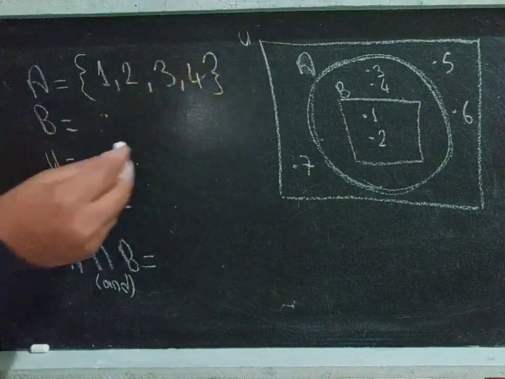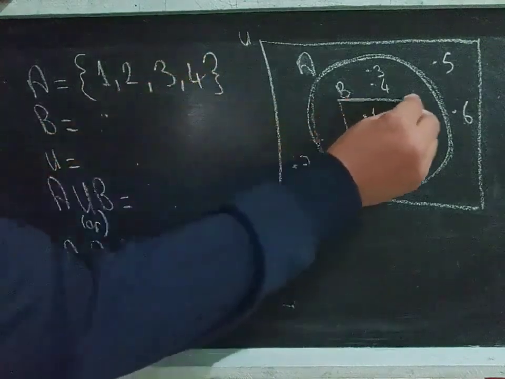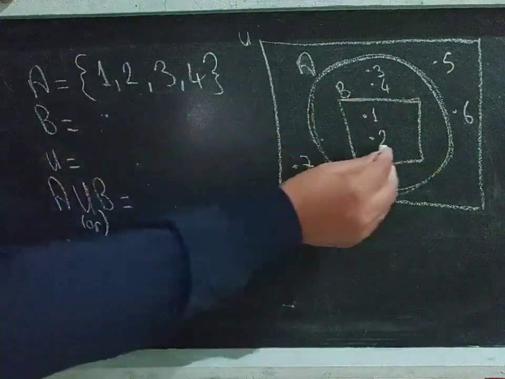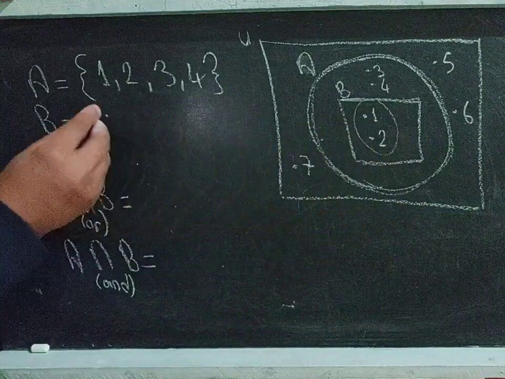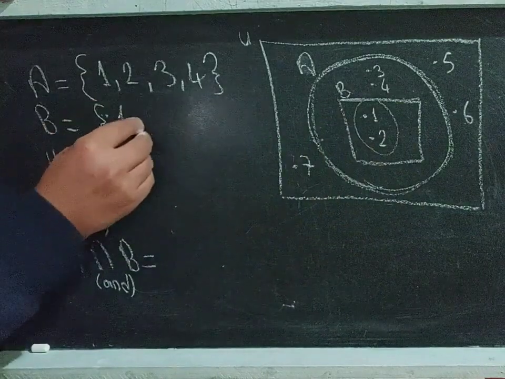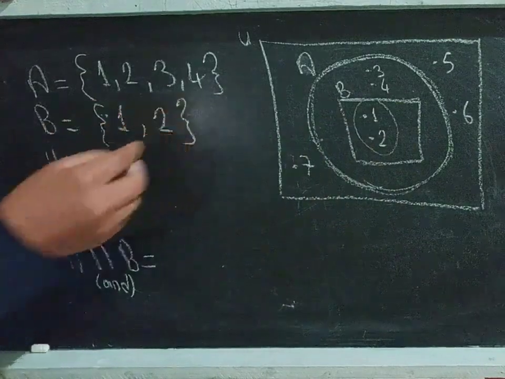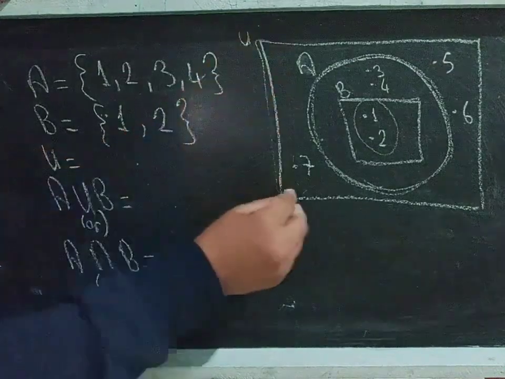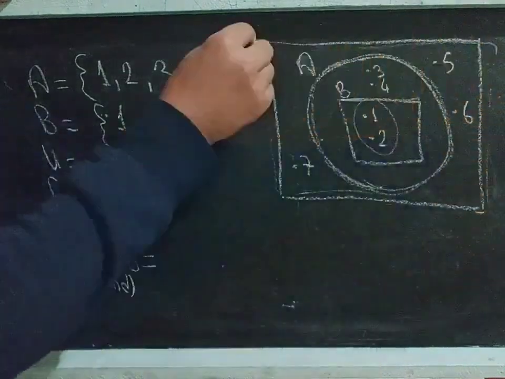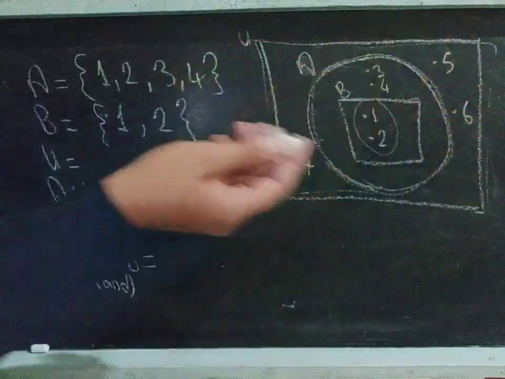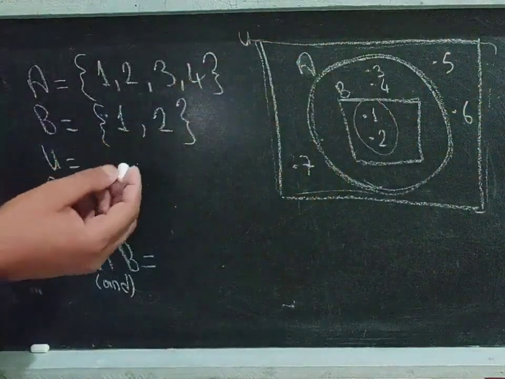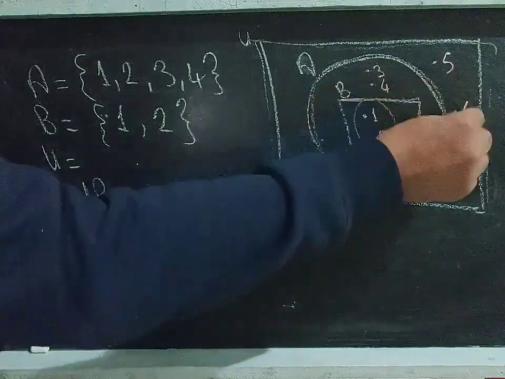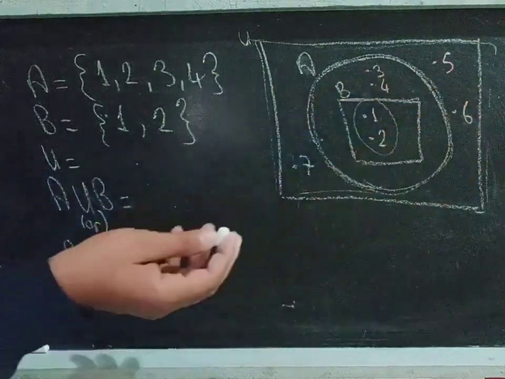And for B, draw the shape of set B, which is going to be 1 and 2. And for universal, the elements under this rectangle: 1, 2, 3, 4, 5, 6, and 7 will be your answer.